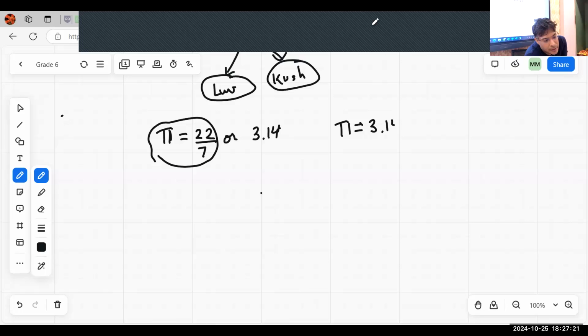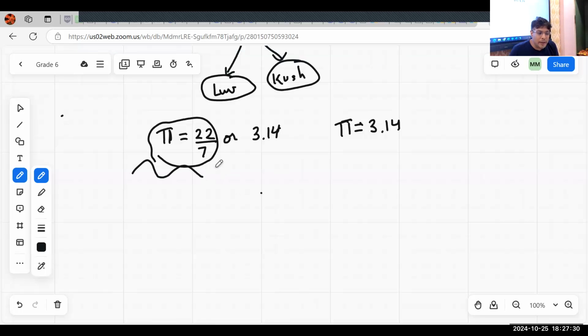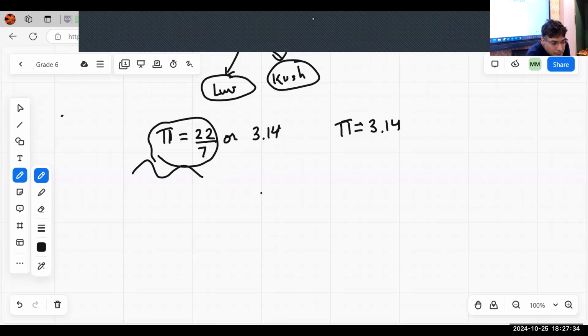That's the value they have introduced for grade 6 in the ICSE board. Otherwise, when you go to grade 7, we use 22/7 only, unless it is specified in the question to use pi equal to 3.14. Only if it is specified will we use 3.14 in future. But for now we will use 3.14 in maximum questions.